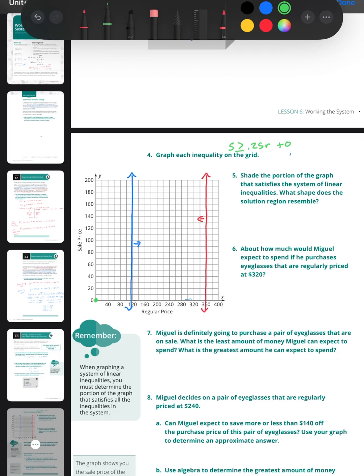If we plug in, let's say, 200 for R, because that's a point on our graph, 200 times 0.25 gives us 50. So we have a point of 200, comma 50. That point would be here. There's that line, and that's a greater than line, so we are above that line.